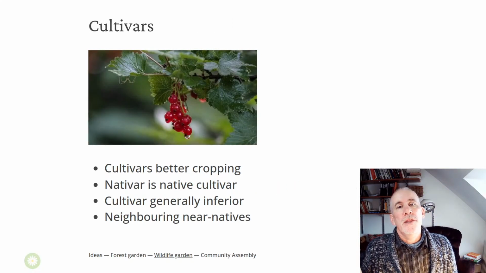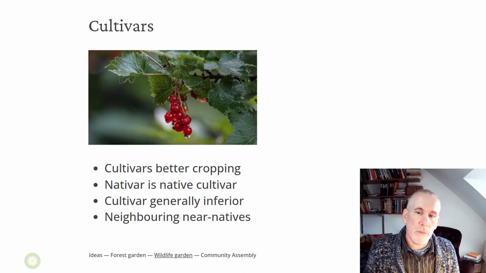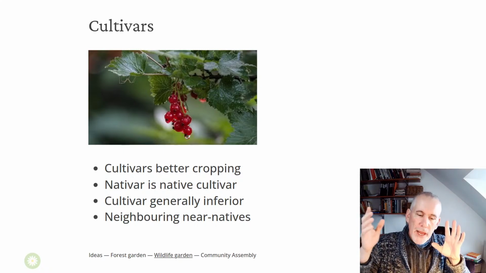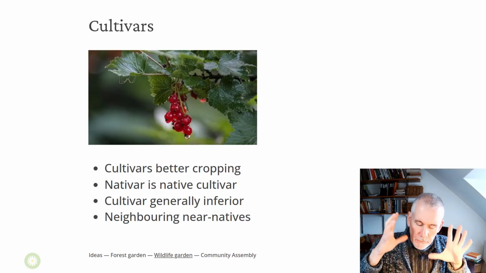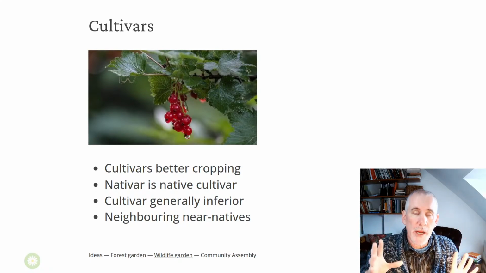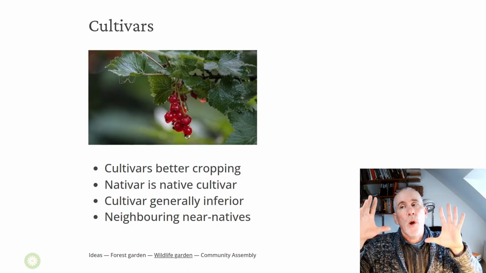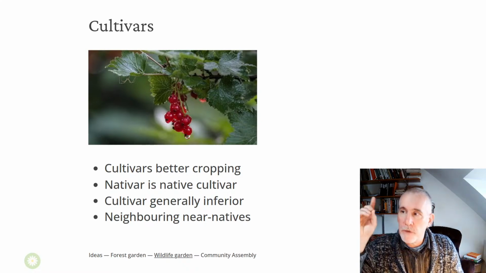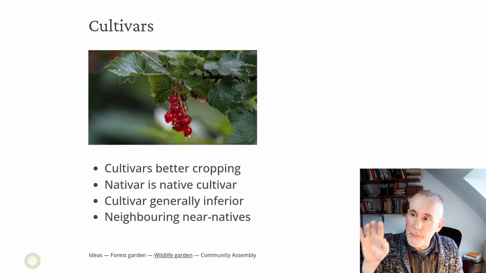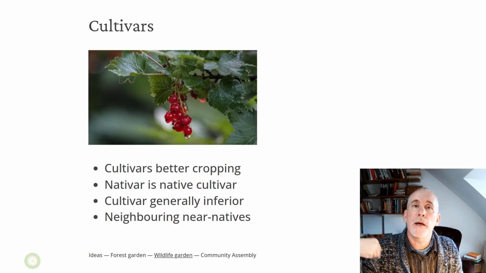So the lovely thing is there are so many different options, and with native plants, you get a lot of cultivars, a lot of named varieties which are being bred for their fruit. So, for example, the red currant is a native plant, but there's a load of different cultivars of red currant that you can grow.